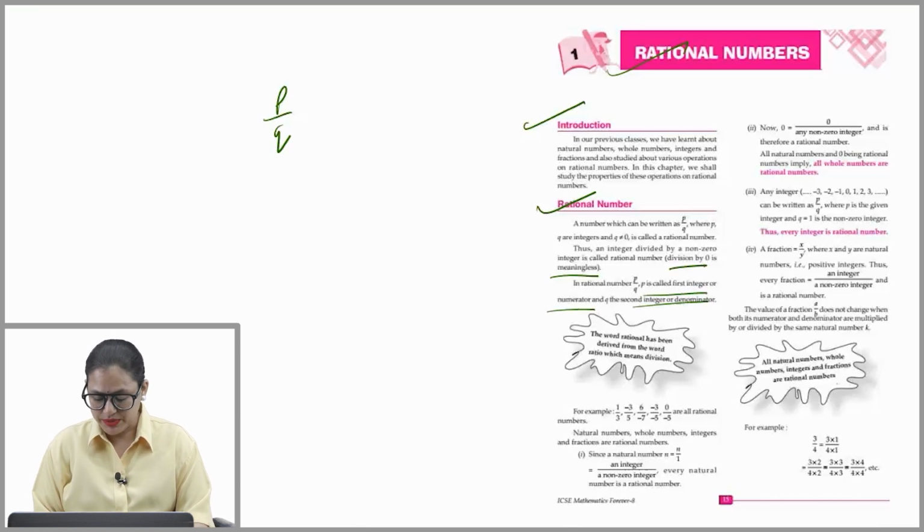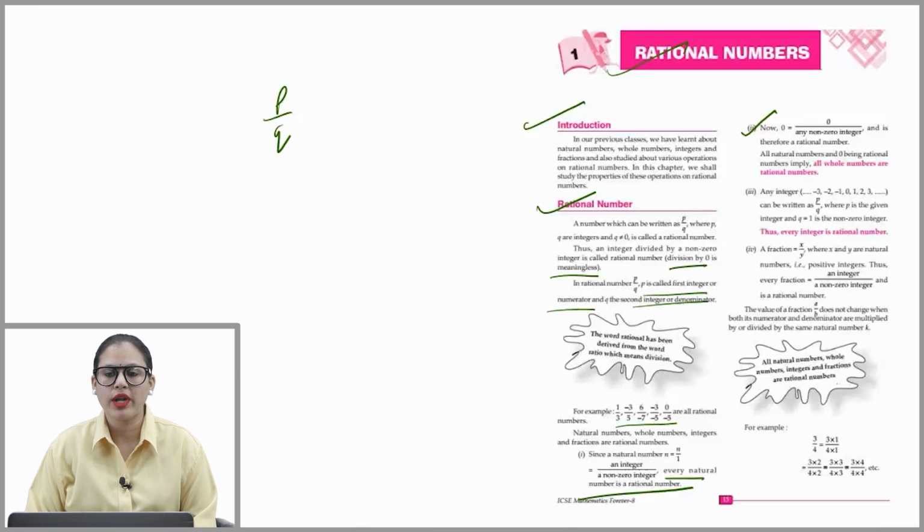For example, all these are rational numbers. Natural numbers, whole numbers, integers and fractions are rational numbers. Since a natural number n is equal to n by 1, an integer upon a non-zero integer, every natural number is a rational number. Now, 0 is equal to 0 upon any non-zero integer and is therefore a rational number.